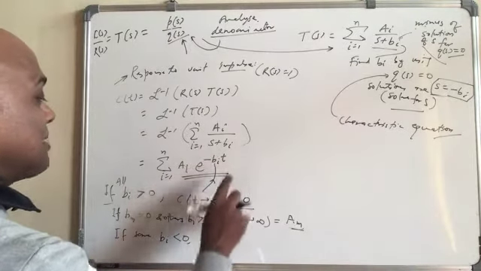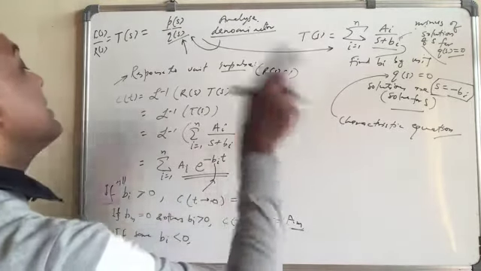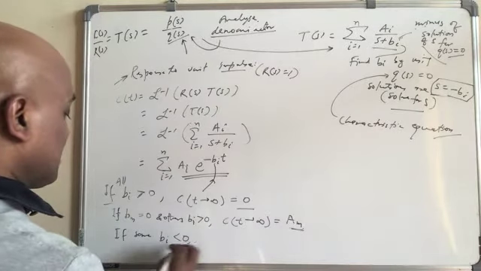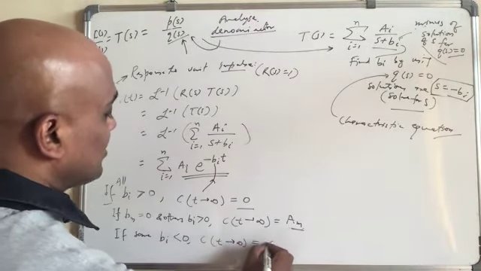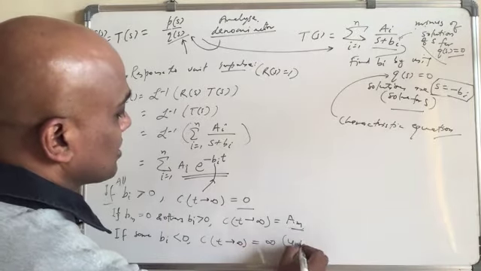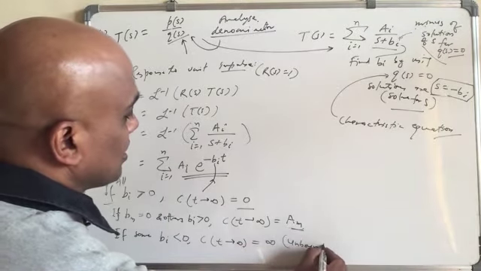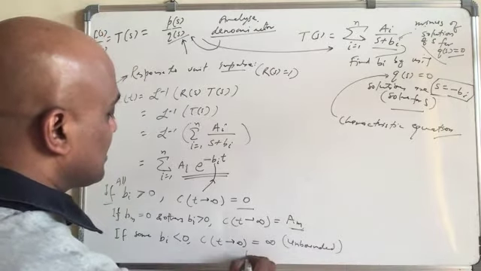Because of that, one of the components will keep on increasing with time. So you will get c(t) as t tends to infinity equal to infinity, or unbounded, or you call it unstable.